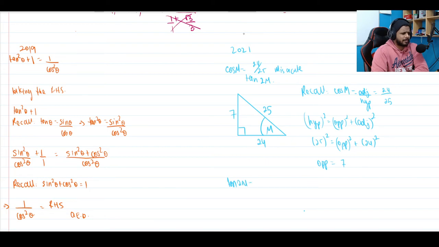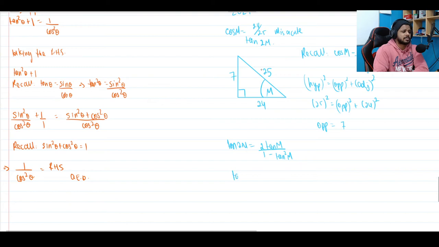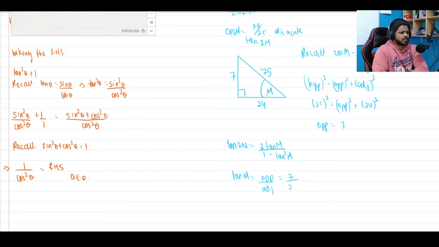Tan 2m is equal to the compound angle formula for tan 2 theta, which is 2 tan theta, or in this case 2 tan m, over 1 minus tan squared m. I can figure out what tan of m is. Tan m is equal to opposite over adjacent, 7 over 24.